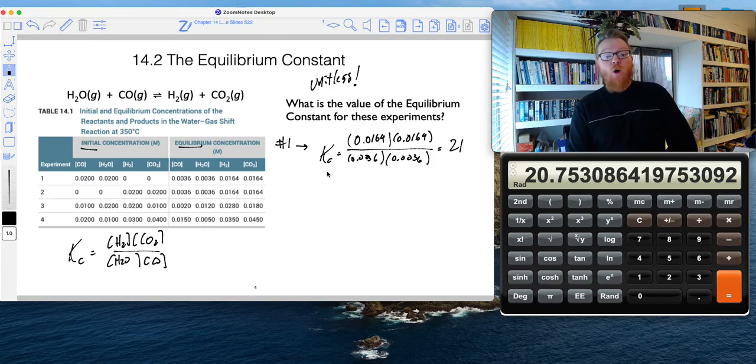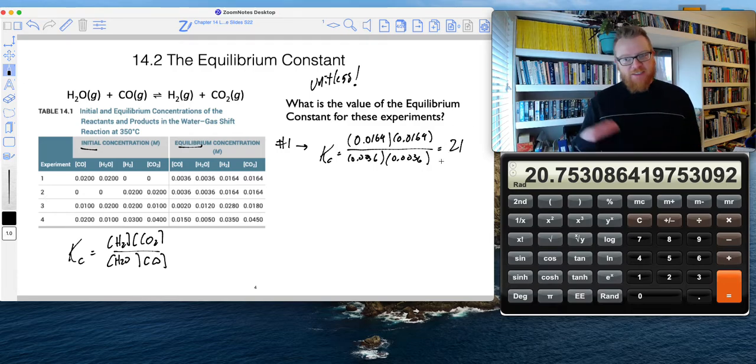So then we know that we'll get the exact same equilibrium constant for experiment 1 and 2. And that's why it's an equilibrium constant, because no matter what the starting concentrations are, the equilibrium concentrations will end up giving us the same value for the equilibrium constant.